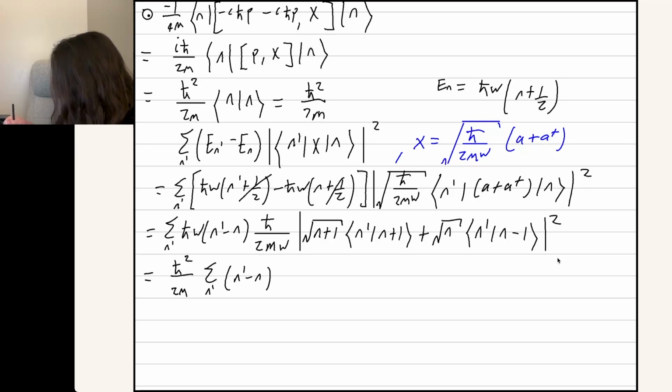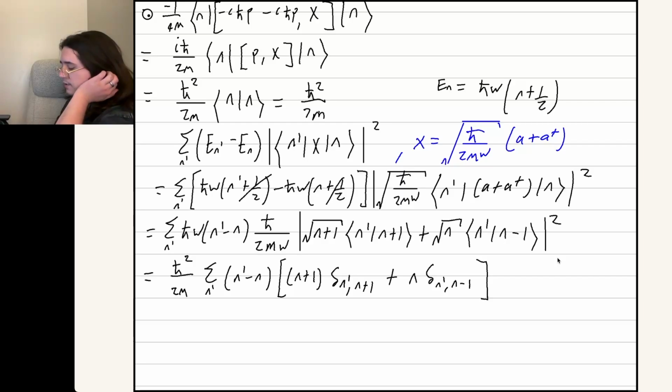And then in the sum, it's going to be the n prime minus n. And we're going to square the square modulus now. We'll have a factor of n plus 1 times delta n prime, n plus 1, plus n times Kronecker delta n prime, n minus 1. There are no cross terms because the Kronecker deltas will just kill each other.